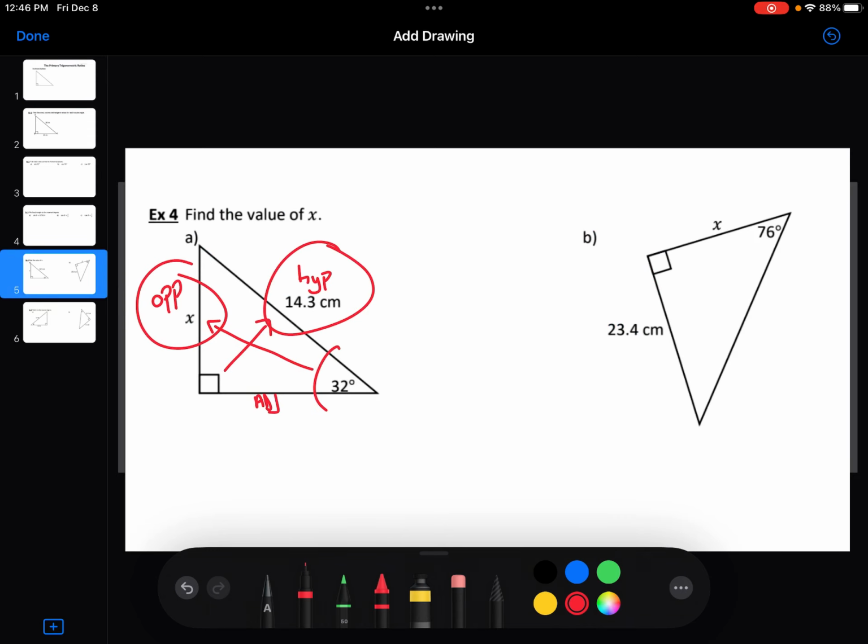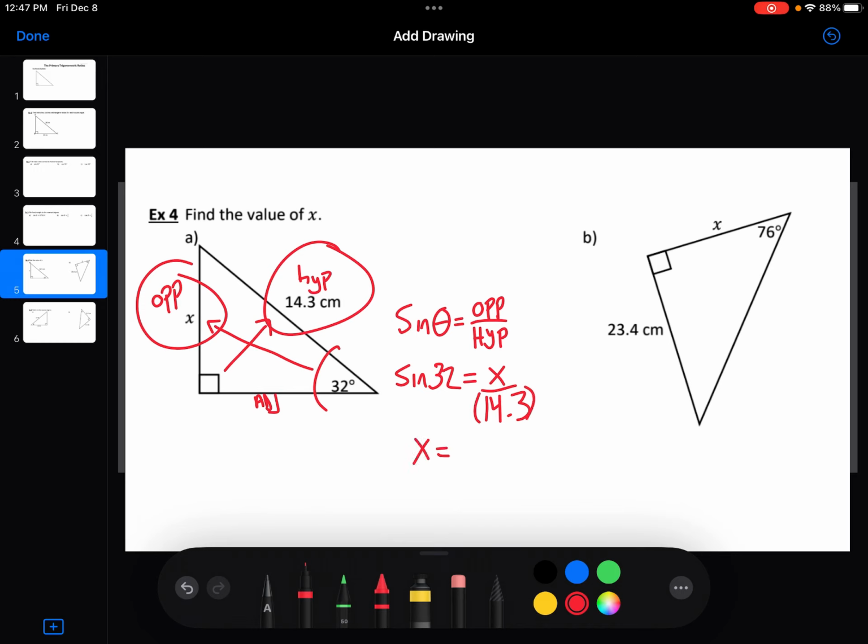So what we're going to have is sine theta equals opposite over hypotenuse. Then we're going to have sine 32 equals x over 14.3. All we have to do is rearrange this formula. So I have to multiply the 14.3 up.